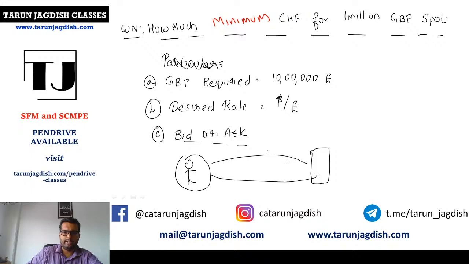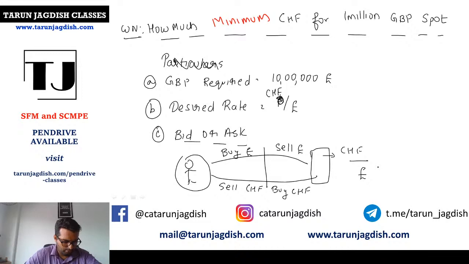What I am going to do is, I have to buy sterling, but I have to sell CHF. So here it will be buy CHF, sell sterling. The desired code that I am having is not dollar bar sterling. It is supposed to be CHF bar sterling, because CHF is what we need to make the payment for. So in this case, sterling being the commodity, sell sterling, it will be ask.